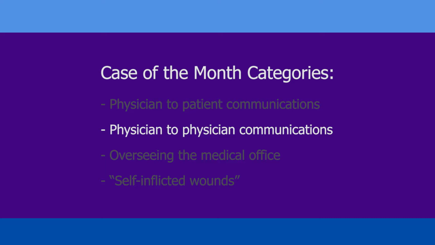Another category that we see involves physician-to-physician communication. We frequently see errors in communication when test results are communicated to other physicians. In one case, a patient had problems with migraines and headaches, and his physician ordered a Doppler exam, which was performed by a radiologist.